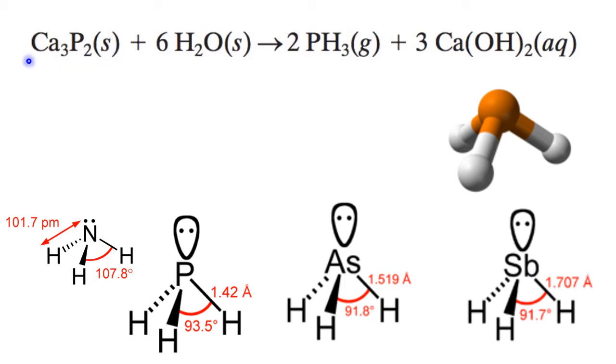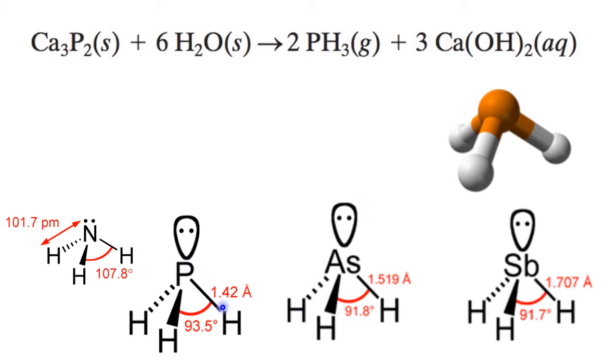Phosphorus makes phosphides with metals, like nitrides. You have phosphides, which in turn can react with water to make PH3 gas, similar to ammonia gas, and calcium hydroxide. Now the size of the lone pair is larger.